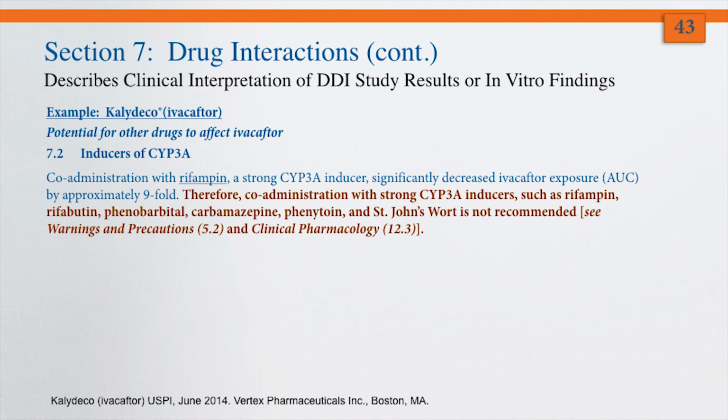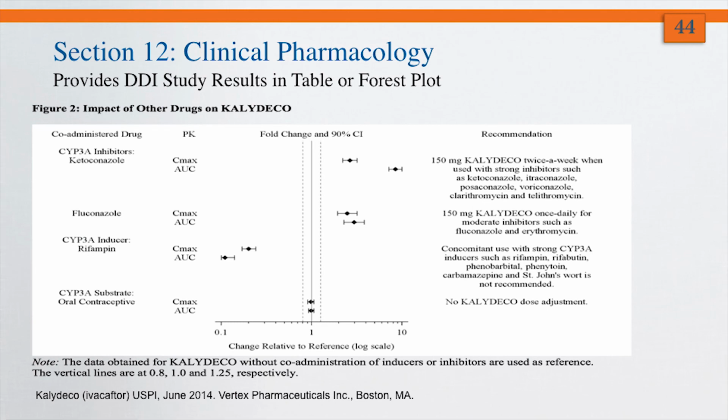So it warns against co-administration with strong CYP3A inducers and lists a few examples. And then Section 12 really provides a full layout of the drug interaction study results. Section 12 will usually contain either a table or, in this case, a forest plot in which you can compare the impact of interacting drugs that were studied for a particular compound.